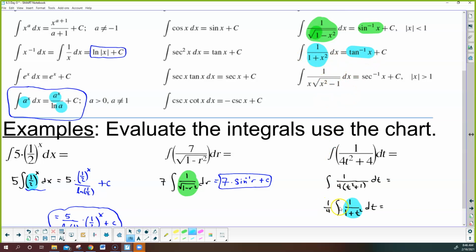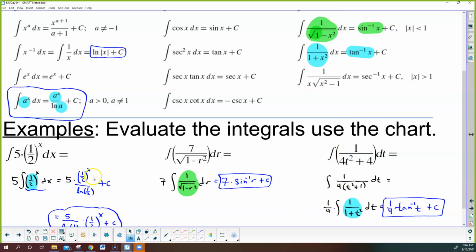So whose derivative gives me 1 over 1 plus t squared? It's exactly the same. It's just tangent inverse. So the 1/4 would be out there as a multiplier, and then the antiderivative is tangent inverse of t in this case, plus c. And you'll notice you always have that plus c when you don't have limits.